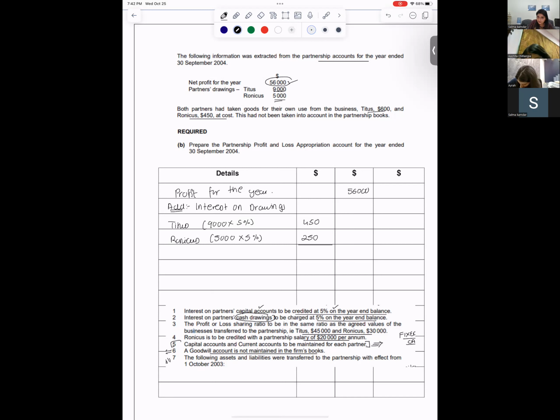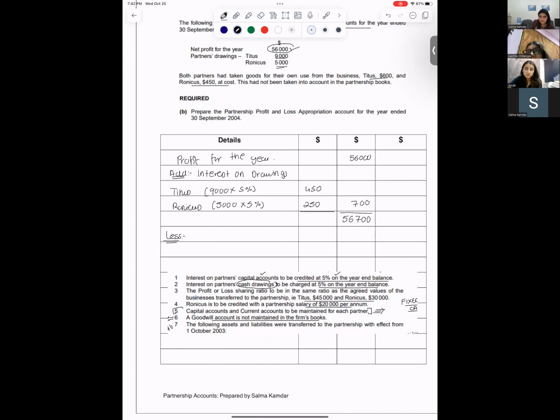So what is the total? 700. So this will be 56,000 plus 700. So what is it coming up to? 56,700. Then what will you subtract?